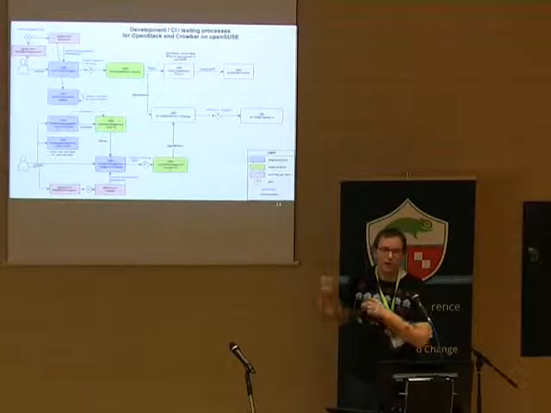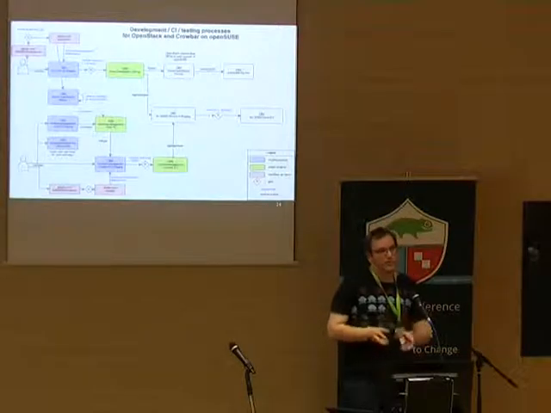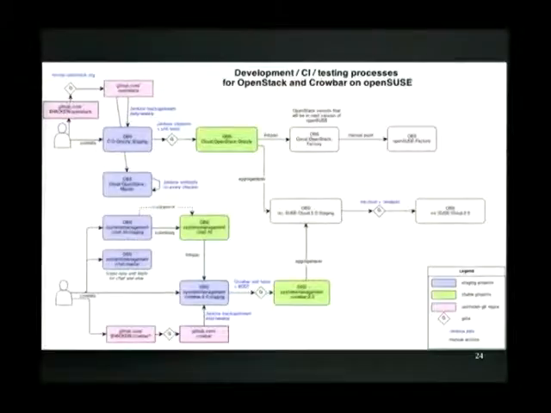So we take all the packages from Cloud OpenStack Icehouse and we put them in Cloud OpenStack Factory. And this project is a devel project for openSUSE Factory, and with, again, a magic tool that was developed for openSUSE, which is called OBS Auto Submit, the package gets automatically submitted to Factory and it enters openSUSE.